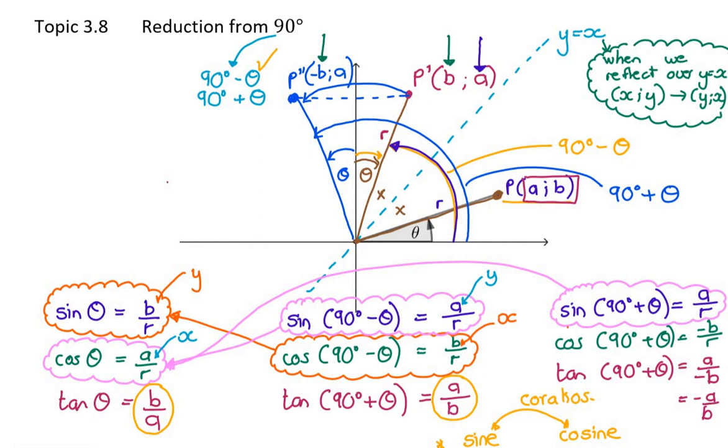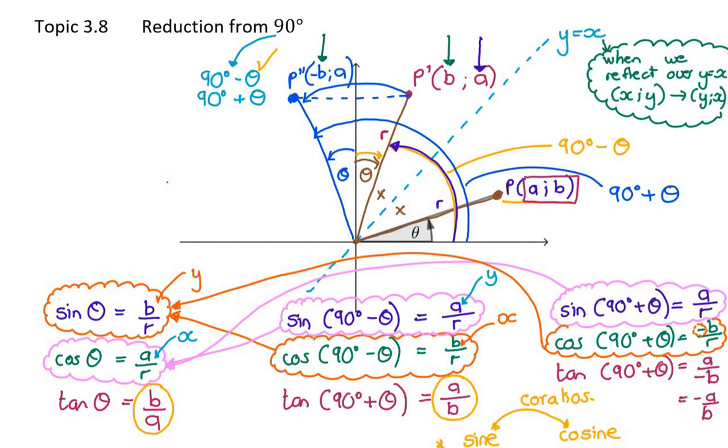If I look at cos of 90 plus theta, it is negative b over r. So it's almost exactly the same as sine of theta. So the name is swapping. A cos ratio of 90 plus theta is swapping to be the same as sine theta, except notice there's now a negative sign. Now why is there a negative sign?